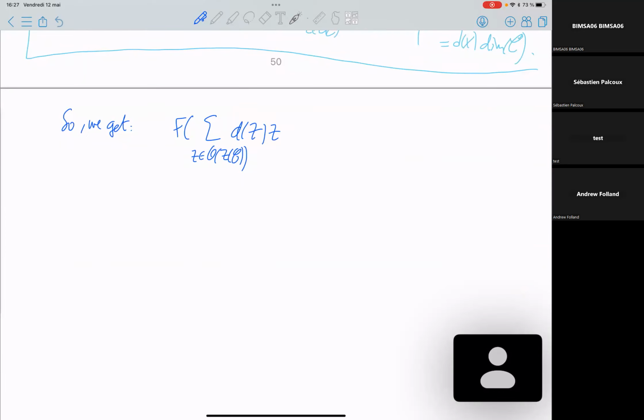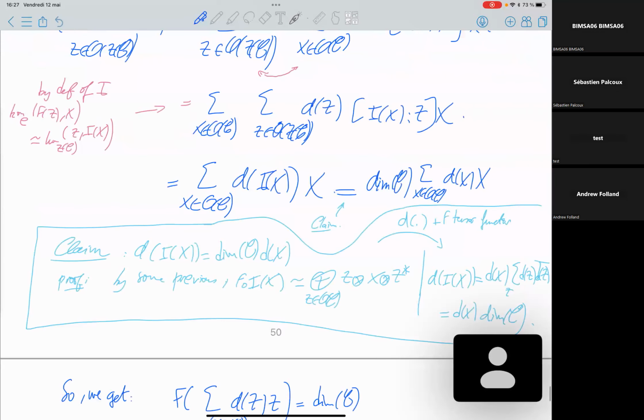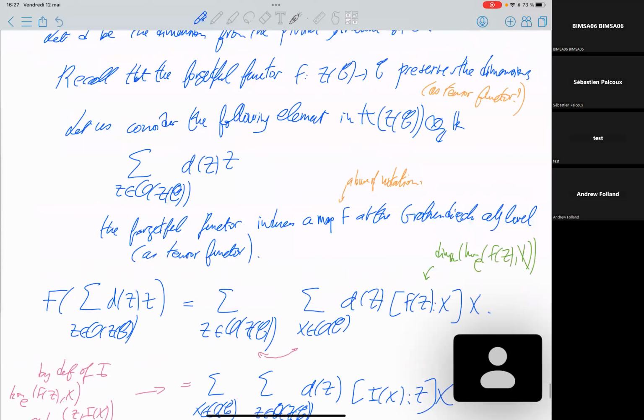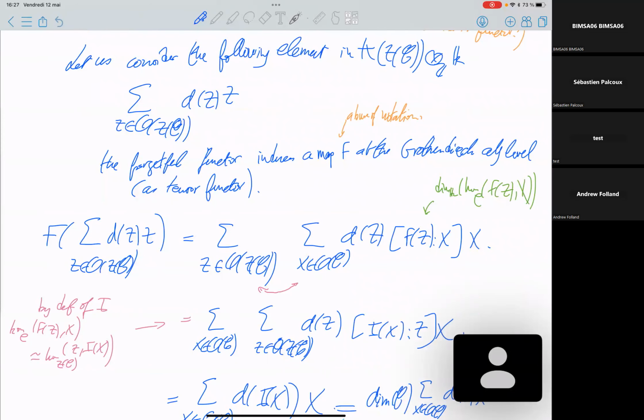There is some abuse of notation here because Z should be in the... I should write the class of Z, because it is in the Grothendieck algebra. Let me identify that with that. It's okay.